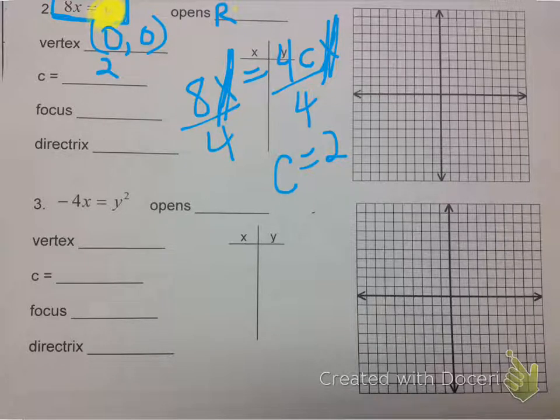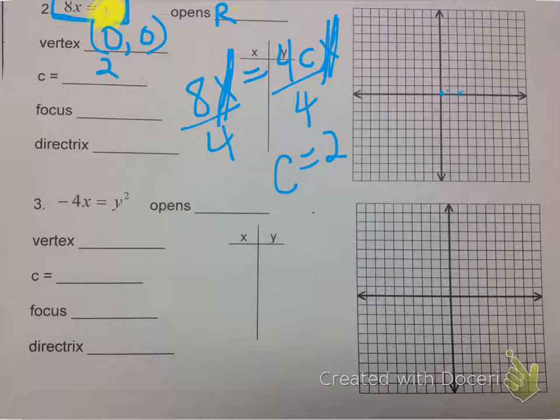So I'm going to go ahead and plot these points. The vertex is at (0, 0). It opens to the right, so I'm going to go right 2 places because c is 2. And that's my focus. And from my focus, I'm going to go twice as far in each direction.